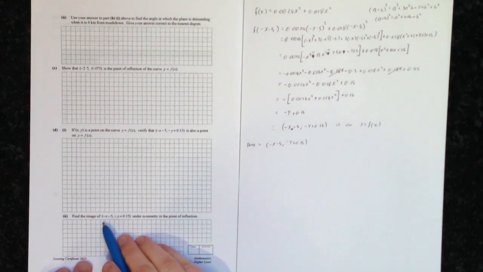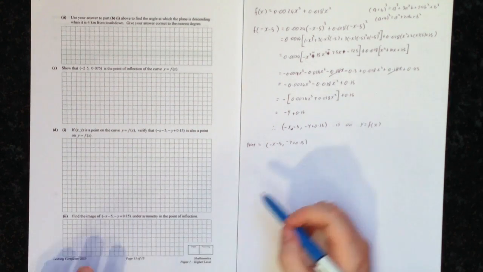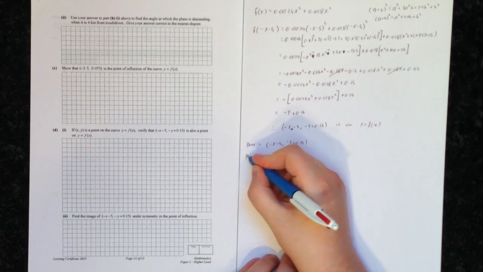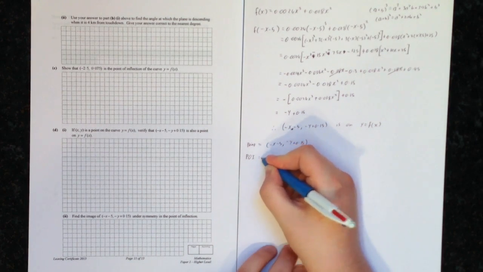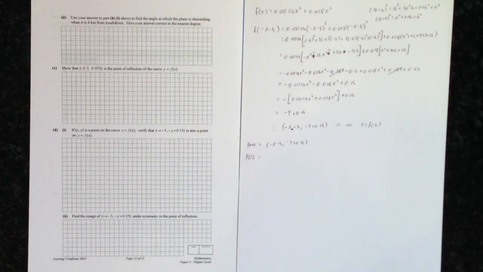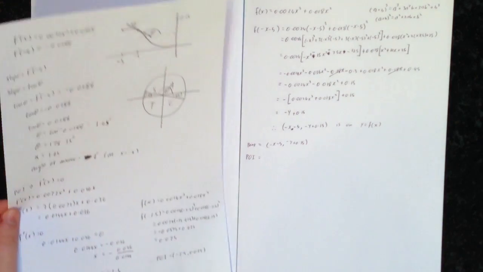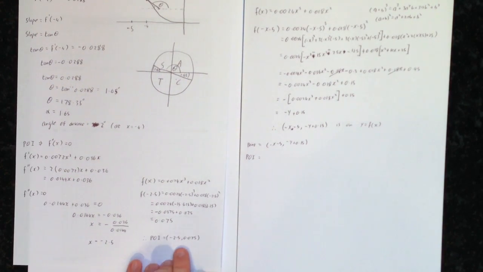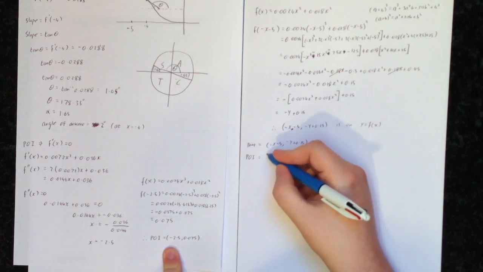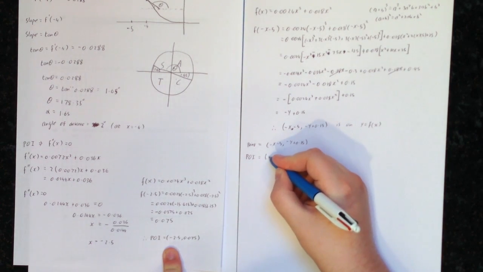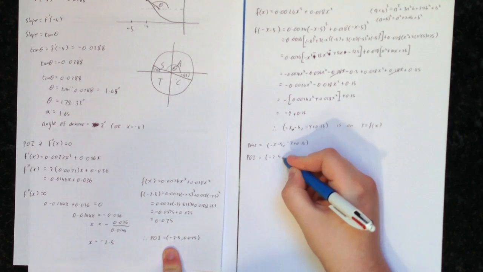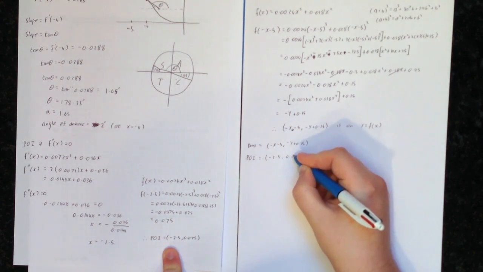So we're asked to find the image of this point in the point of inflection. Point of inflection we found from the previous part of the question. Point of inflection we found to be (-2.5, 0.075).